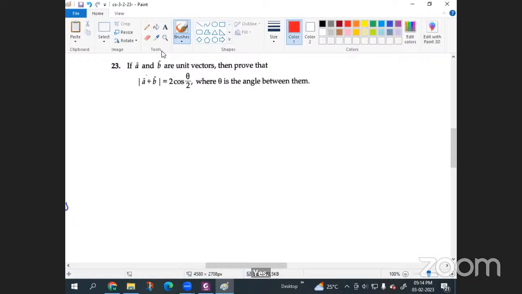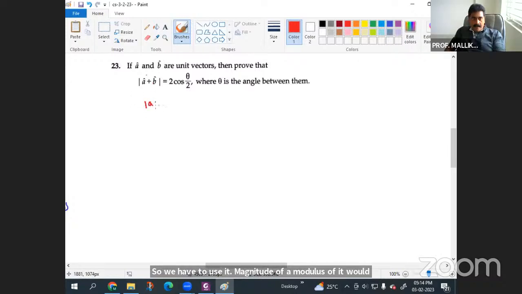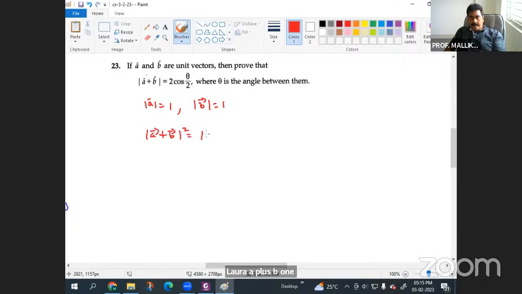We have to use the formula for the modulus of A plus B the whole square, sir. Very good. Mod A equals 1 is given. Mod B is also 1 because those are unit vectors. Mod of A plus B whole square equals mod A square plus mod B square plus 2 into mod A into mod B into cos theta.